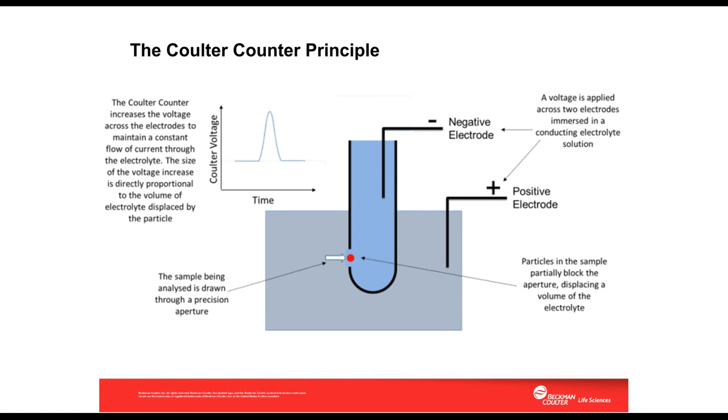In response, the Coulter increases the applied voltage between the electrodes to maintain a constant current through that aperture. And the size of the increase in the voltage is directly proportional to the volume of the particle that's partially blocking that aperture.